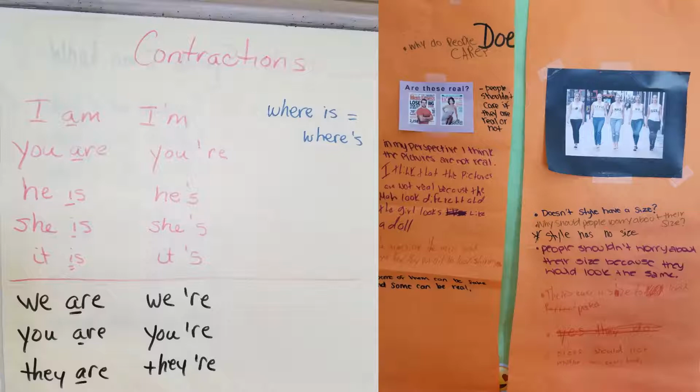Now, on the right, you see a visual support, which is actually called an observation chart. I don't want to go into too much detail about this because the observation chart gets its own video, but the observation chart is an excellent tool for accessing or building background knowledge with students. Basically what you do is the teacher tapes or glues a picture onto a poster and then students make observations or ask questions in writing on the poster around it.